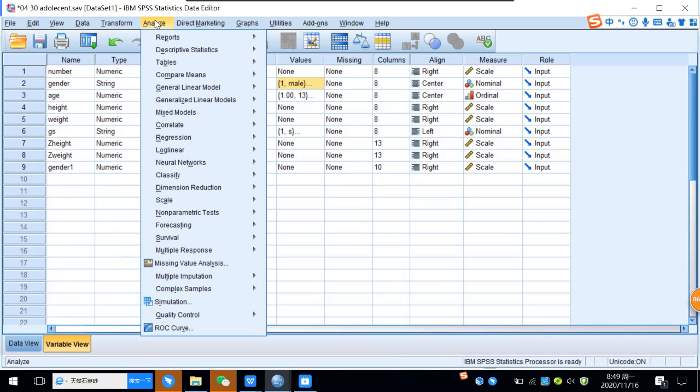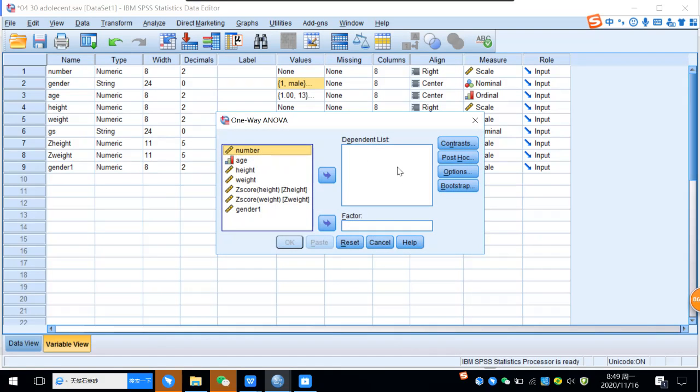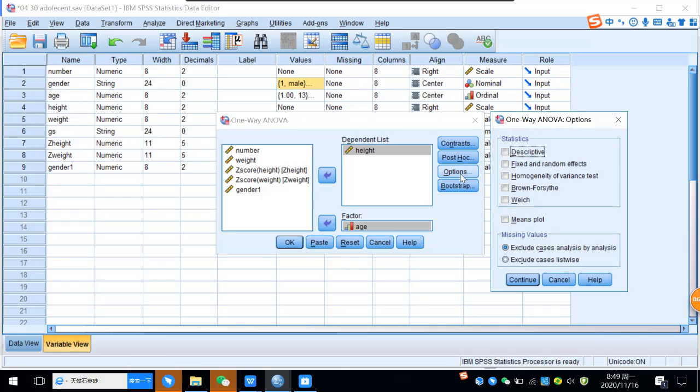So analyze here, compare means, one-way ANOVA, right? And then the height into the dependent list. The factor is the age. Because we want the hypothesis is if different ages, the mean of the height of different ages is equal. And then options here, please select the homogeneity of variance test.